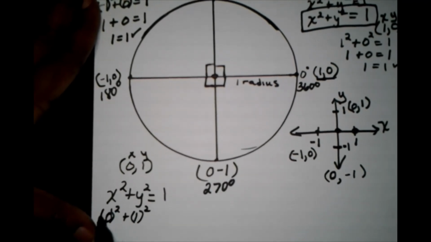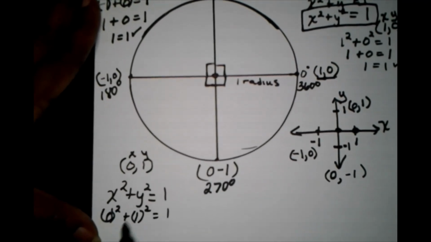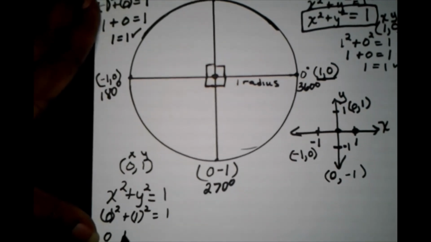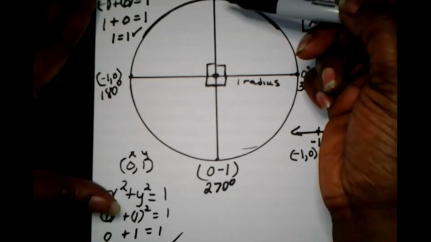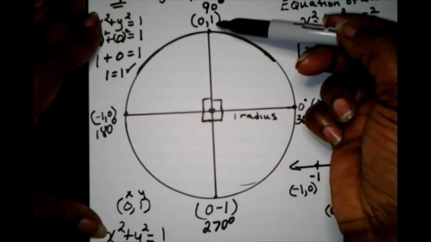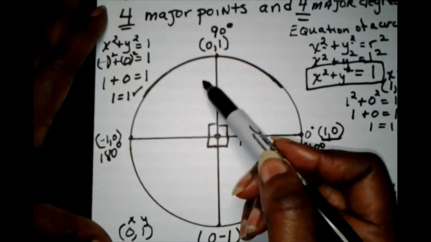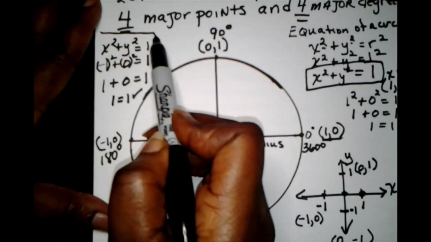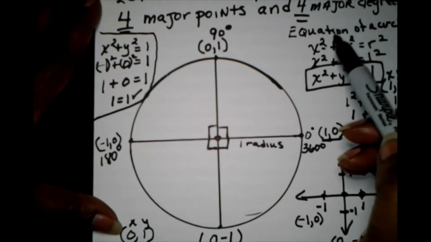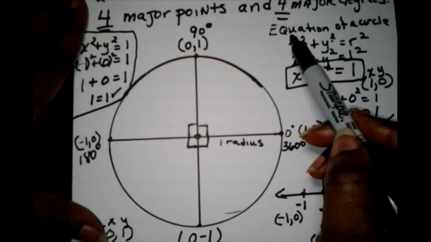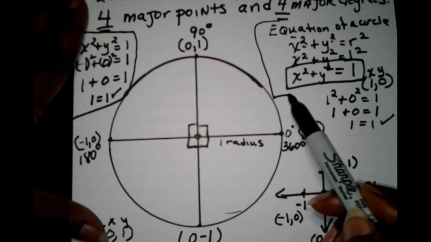Let's put them in parentheses. It looks nicer. Equals 1. So 0 squared is 0 plus 1 squared is 1 equals 1. 1 equals 1. That proves it. And vice versa for the top would also prove. Okay, so this was just a way of proving that these points are definitely working on this circle. They definitely work because of this equation of a circle.